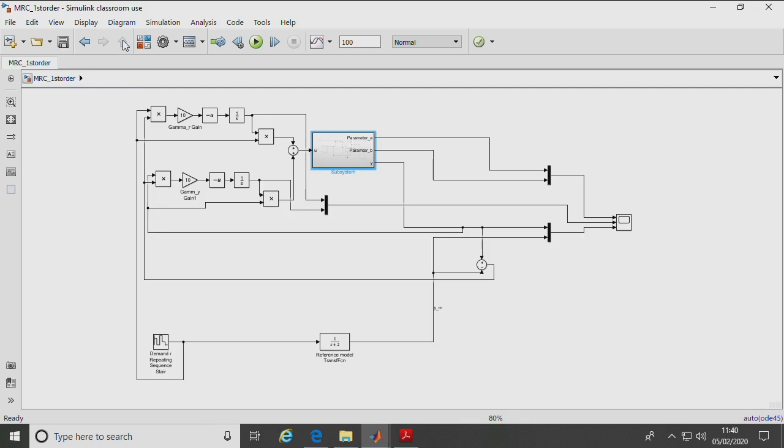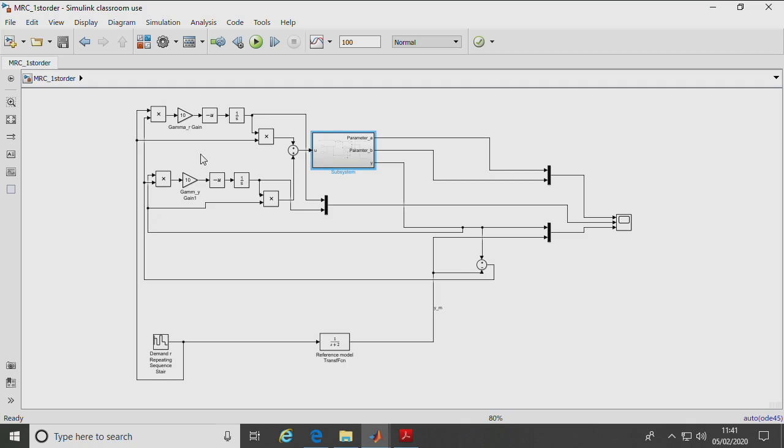Now, we have here our reference model. The reference model is that one, and it's being compared with the output of our plant. We can observe the parameters A and B, and we are feeding the error of our y in relation to the reference model into the adaptation for y.